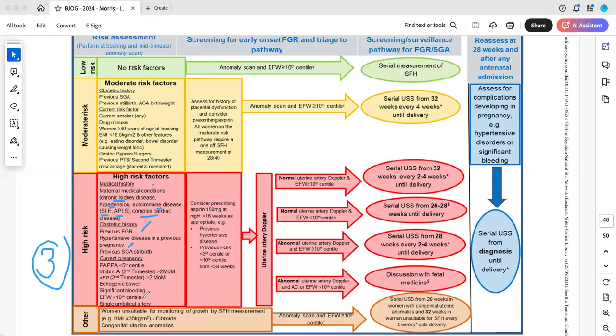Okay? Or in the current pregnancy, we measured the PAPP-A, the pregnancy associated plasma protein A, and we found that it's less than the 50th centile. Is that a major risk factor or high risk factor for small for gestational age? Yes. Inhibin A in the second trimester is more than 2 MoM, multiples of the median.